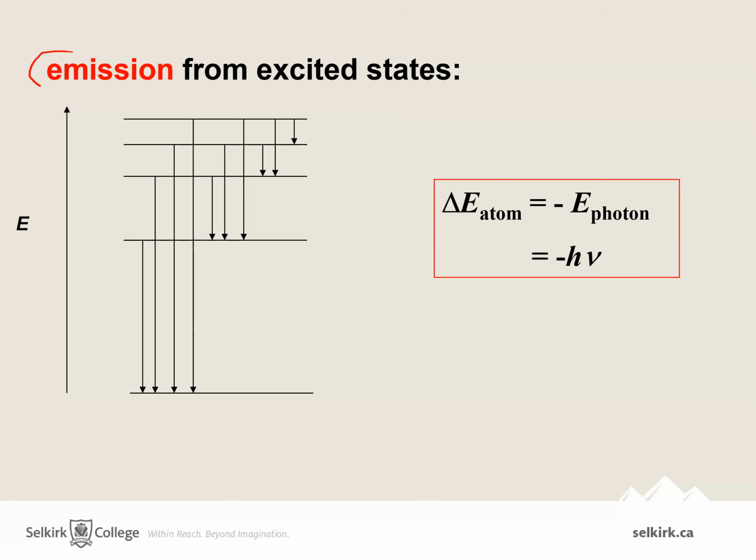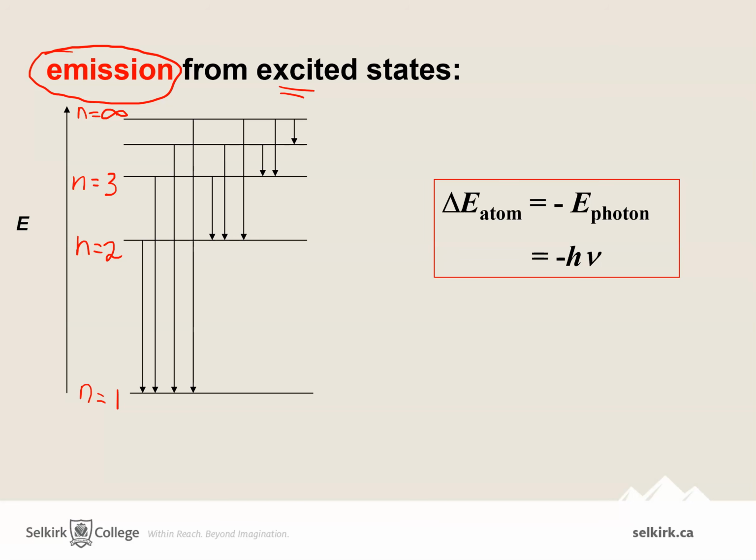The energy was already absorbed to make excited atoms. Now we're going to look at emission from excited states, higher energy states. So again, first energy level, second energy level, third, all the way up to n equals infinity. And what we can see is that the atoms can drop to lower energy from any one level to any other level.